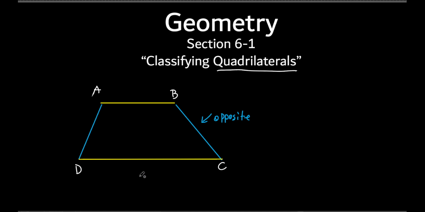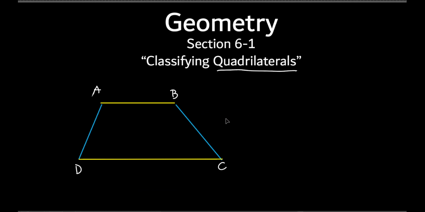I know you can't write blue and yellow on your notes, but you get the idea. So AD and BC are opposite sides, and AB and DC are opposite sides. It's important because we're going to use that when we talk about some other stuff. All right, it's not that hard. It's not the main gist of this, but you get the idea.